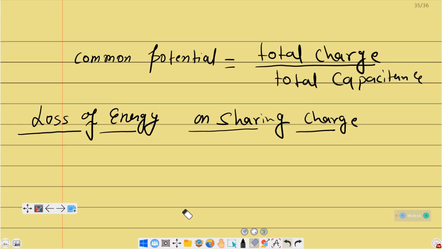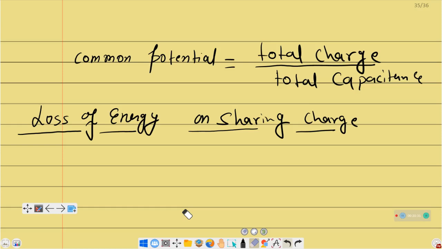So why is there energy loss? Some energy is lost in the form of heat. That's why some energy is lost on sharing charge.